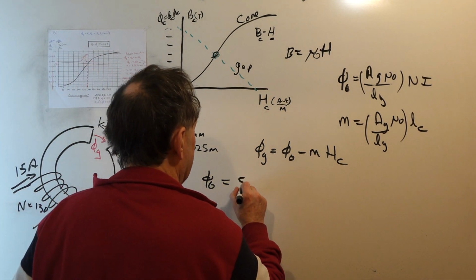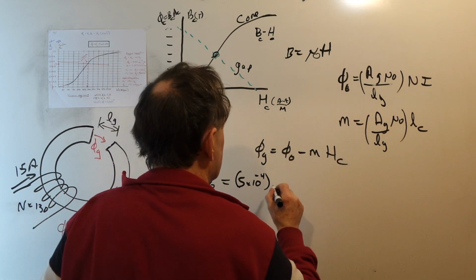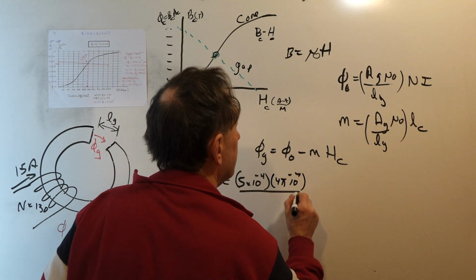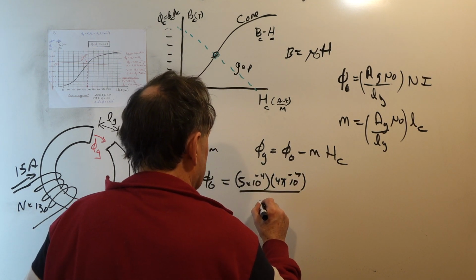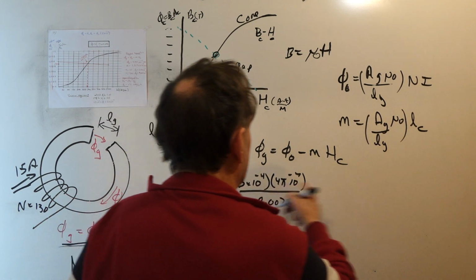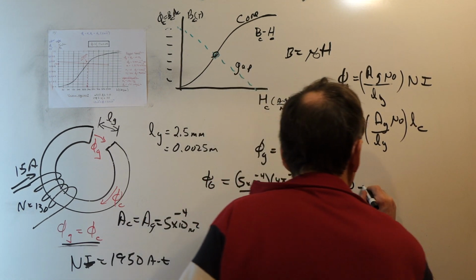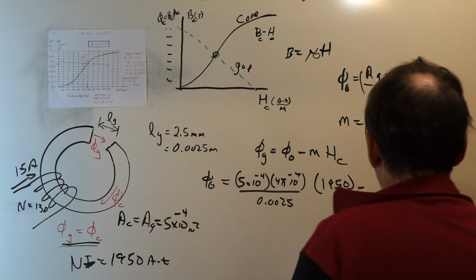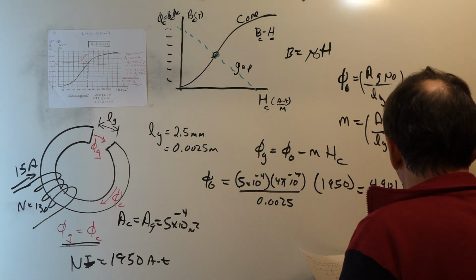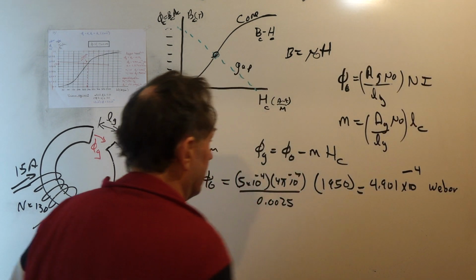So we've got 5 times 10 to the minus 4th times mu 0, which is 4 pi 10 to the minus 7th, over the length of the gap, which in this case is 0.0025, and then ampere turns, we have 1950. Well, that value comes out to 4.901 times 10 to the minus 4th Webers. That's the offset flux.